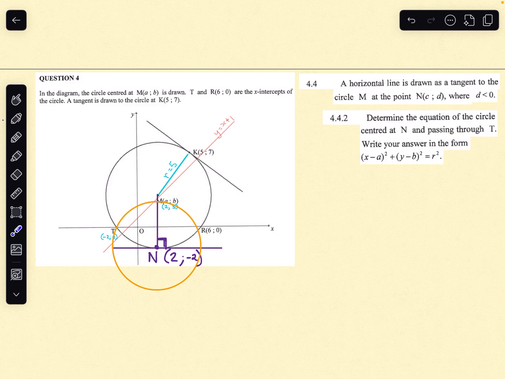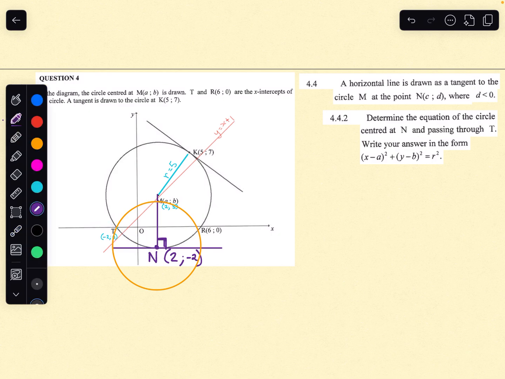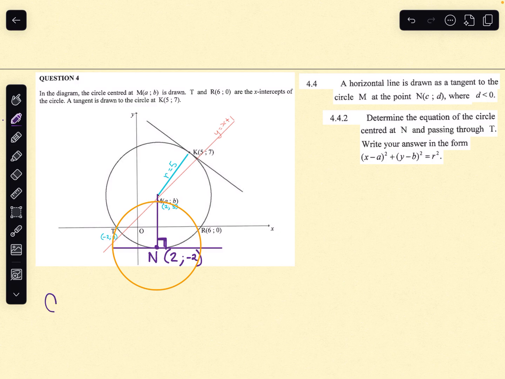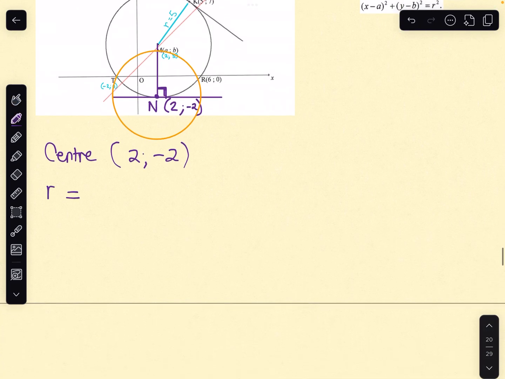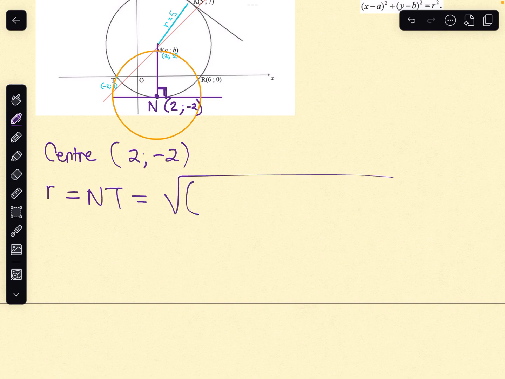Okay, so let's see. We know the center of the circle is N, and we have a point on the circle which is T, so we can work out the radius. Okay, so the center is 2, minus 2, and then the radius is equal to the length NT, which is the difference between the x's squared plus the difference between the y's squared.